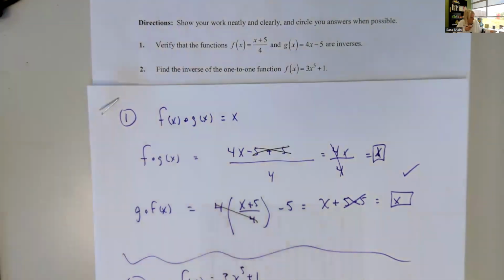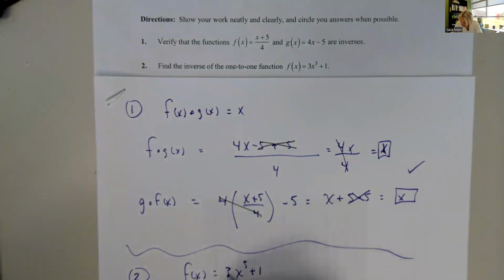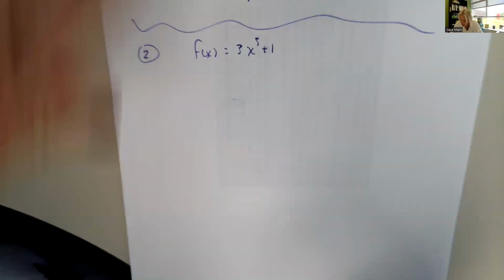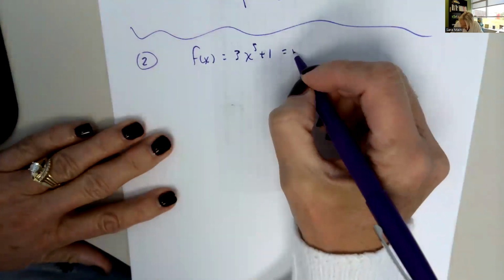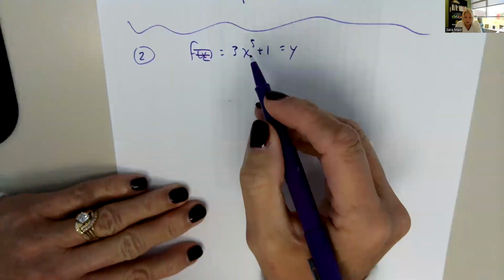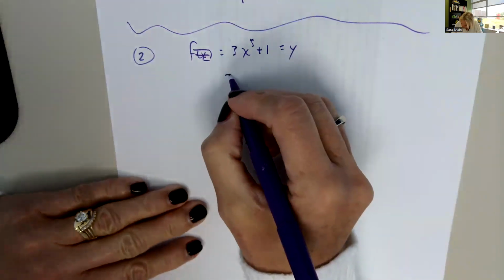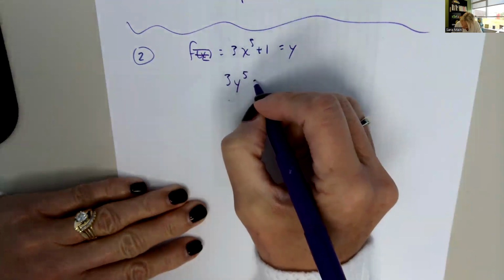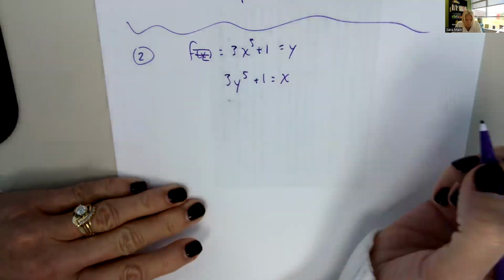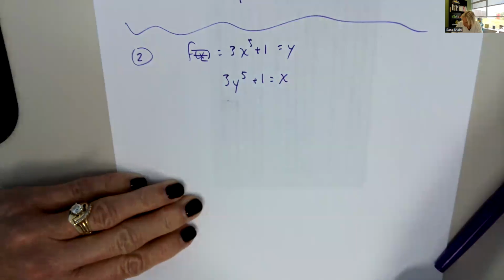So number 2 is finding the inverse function of f of x equals 3x to the 5th plus 1. So for this one, when we have the inverse, what I do is I set this equal to y, and then I switch out my x and y. So this is 3y to the 5th plus 1 equals x. And then I'm going to solve for y.